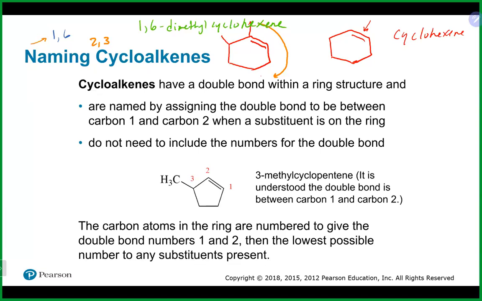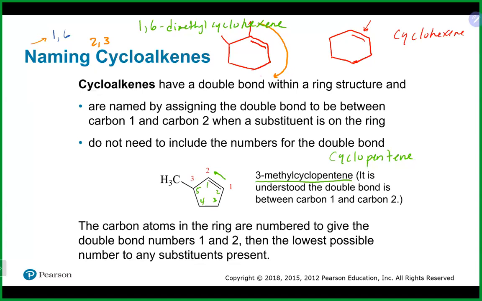All right, and that's what we see here. So once again, in this case, we have a 5-member ring, which means it's going to be cyclopentene. And numbering here, we could go as they did here, 1, and we're going through the double bond. The other option would have been to go 1, 2, 3, 4, and 5, which would give us our group at carbon number 5, which is obviously a larger number than going that way, which would be 3-methylcyclopentene.